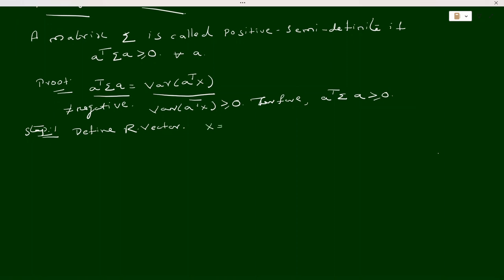So X we consider as X1, X2, etc. XP, with mean vector mu equal to expectation of X equal to mu1, mu2, etc. mu p.